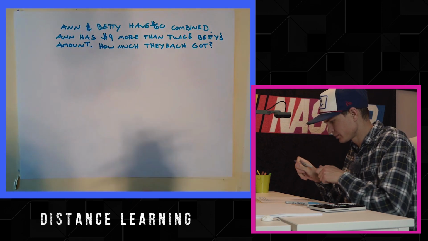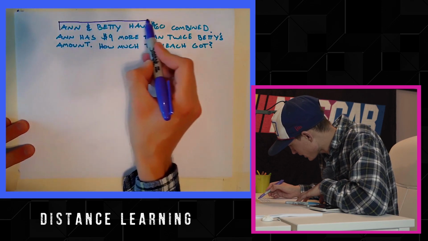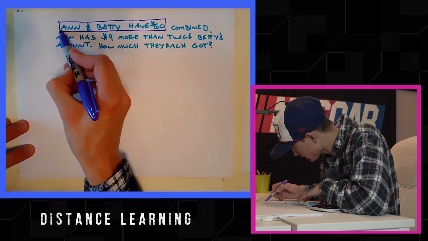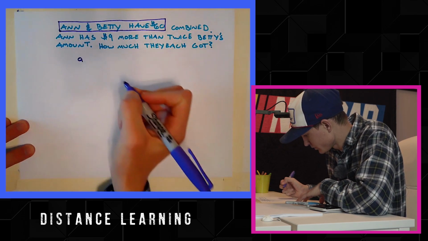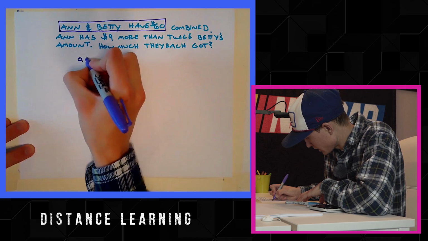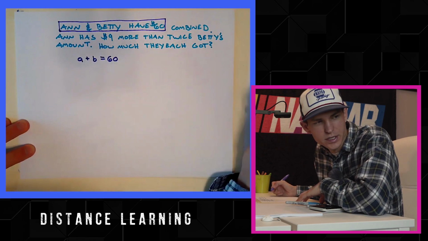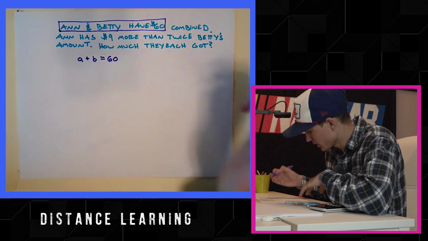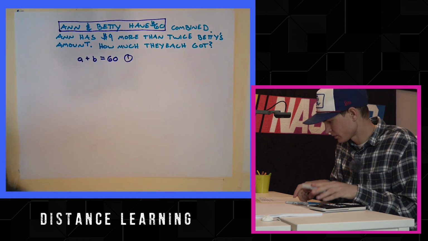So, a couple things. Anne and Betty have $60. That means Anne, A, plus Betty equals $60. Cool. Equation 1. Done. Next equation.